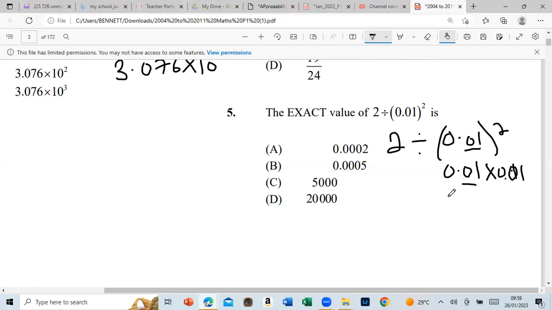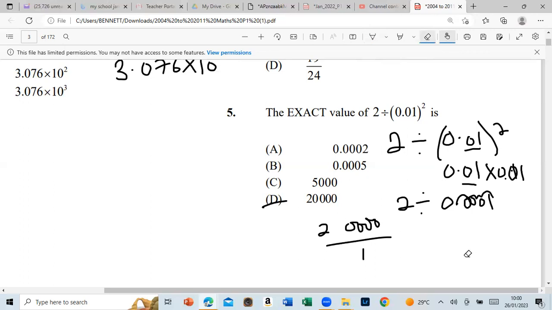So you're going to end up with 0.0001 when I square this. But we're going to convert this to a whole number. So we move 1, 2, 3, 4. We'll do the same thing for this one, I'll add on the zeros. So that is 20,000, because we're going to divide this by 1 now. Hope it's clear. Persons were saying, oh, I don't know how you got that. So that is all.